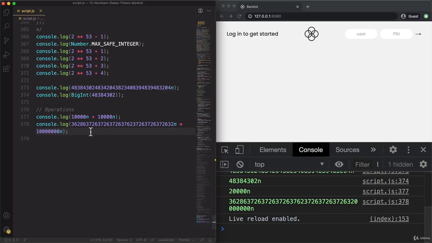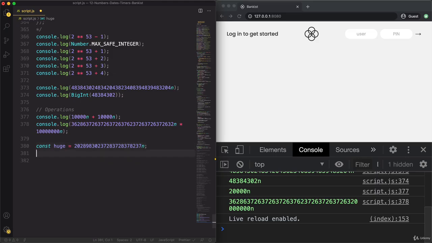Now, what is not possible is to mix BigInts with regular numbers. So let's say we have huge, some random number like this, and then we have a regular number, which is just 23.